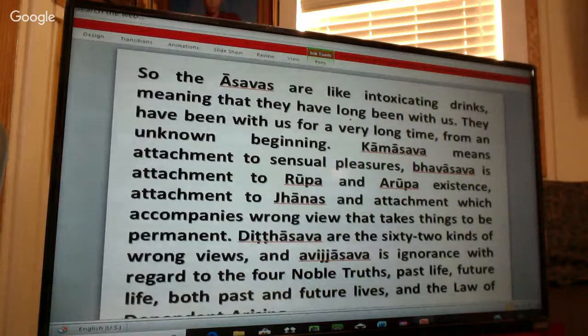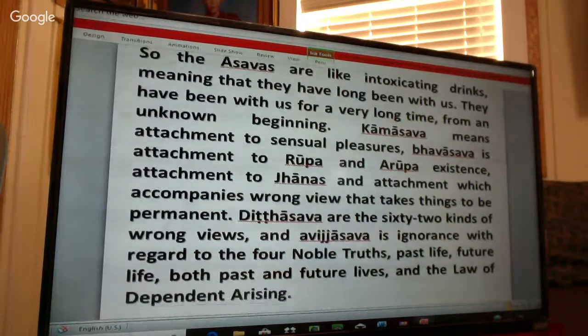So this we call bhavasava: attachment to the jhanas, rupa jhana and arupa jhana.